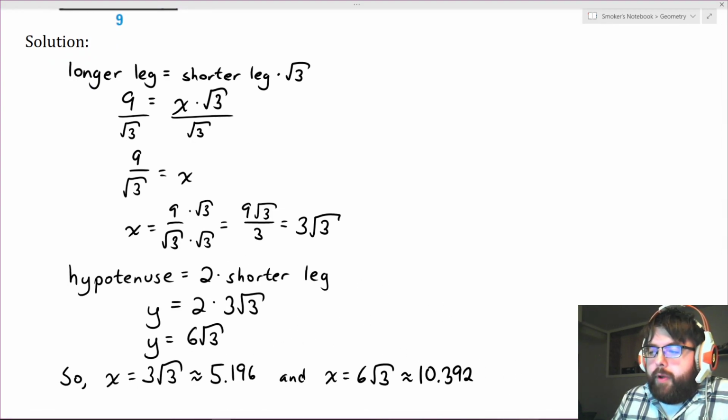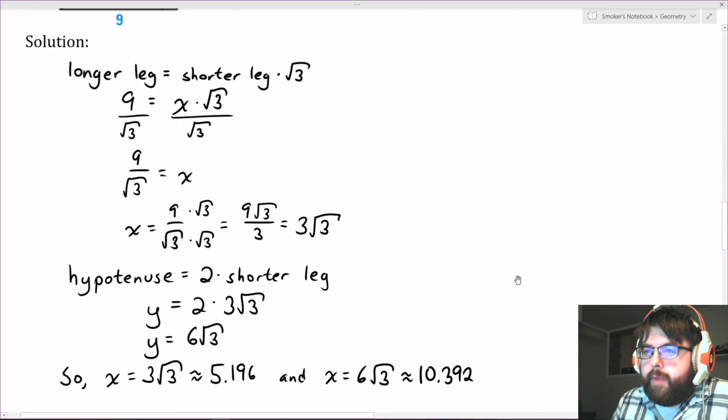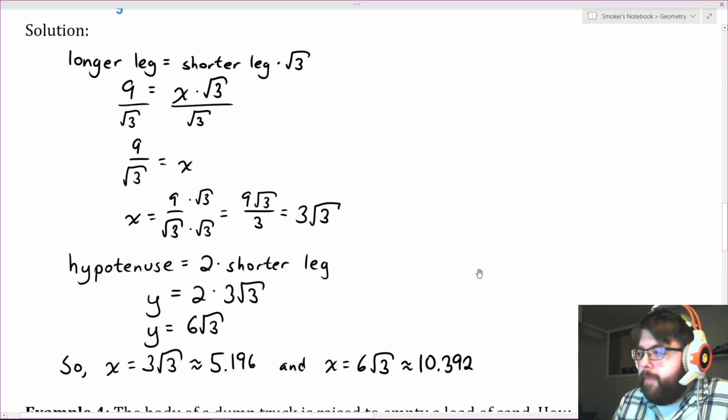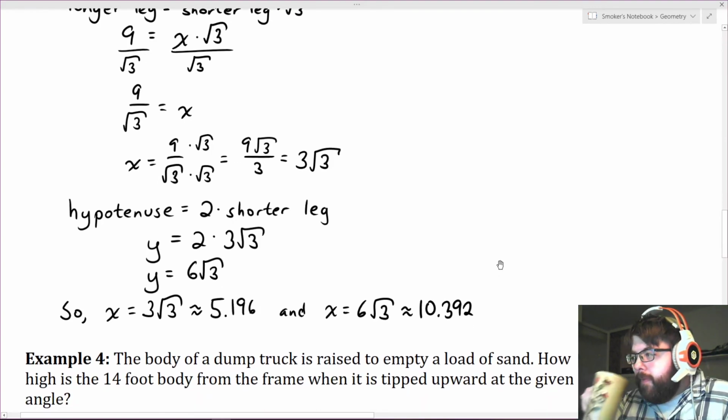But I did put the decimal values here just in case you're curious what they looked like. I showed you that one a minute ago. 6 root 3. There's that decimal value. Because I have the simplest radical form, I answered the problem. What the problem wanted was the simplest radical forms, and they are there. All right. Another example.